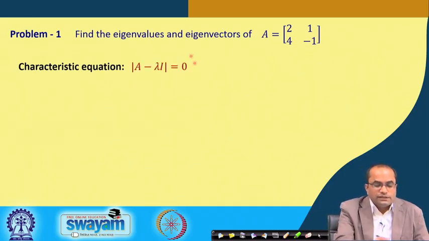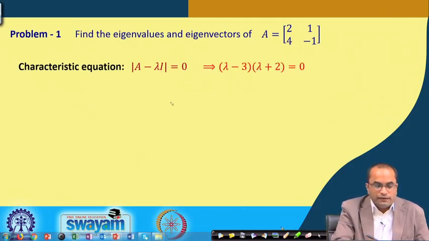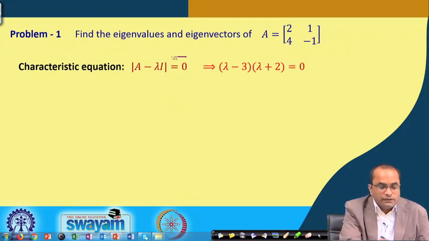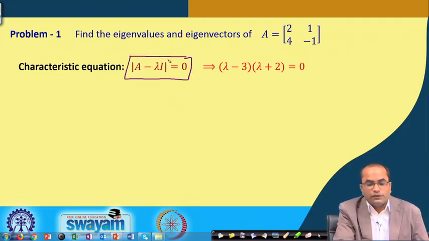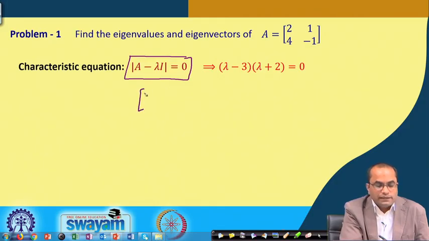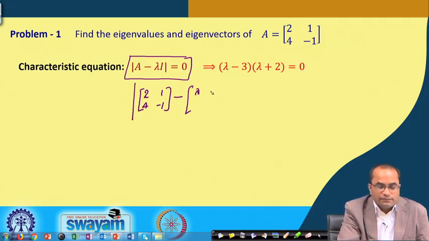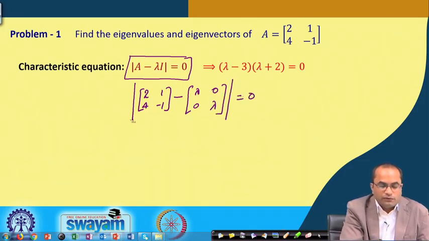Here the characteristic equation is the determinant of A minus lambda I. The eigenvalues are nothing but the solutions of this characteristic equation. So we have A minus lambda I: A here is [2, 1; 4, -1], and then we have lambda I, that is lambda, 0, 0, lambda, the product of lambda and the identity matrix, and we want to solve the determinant.